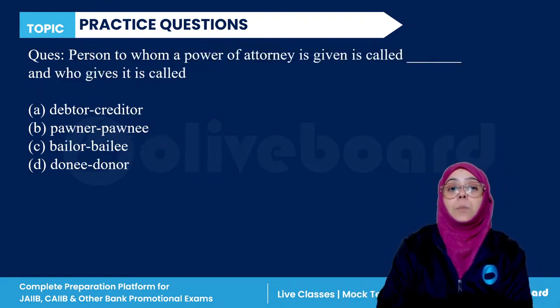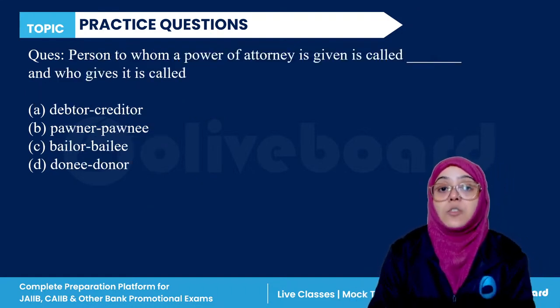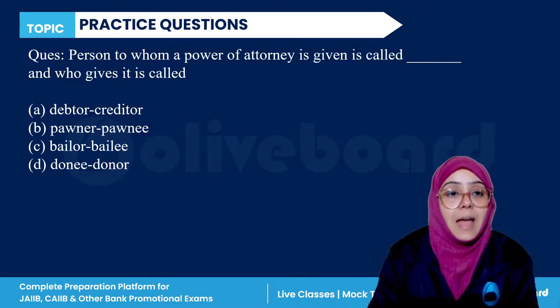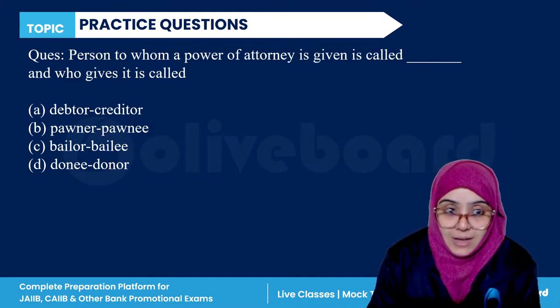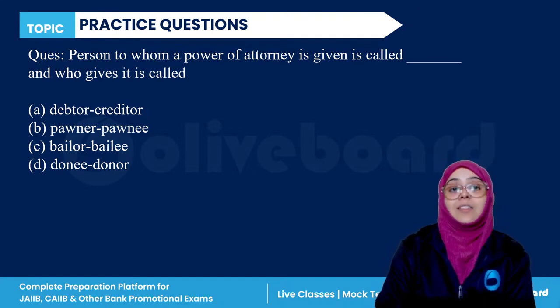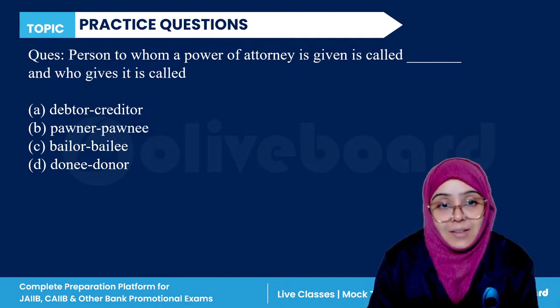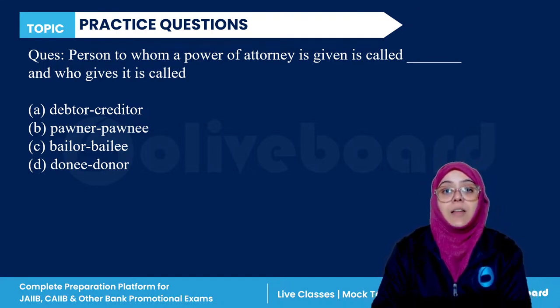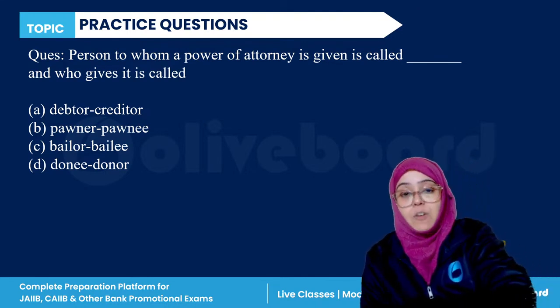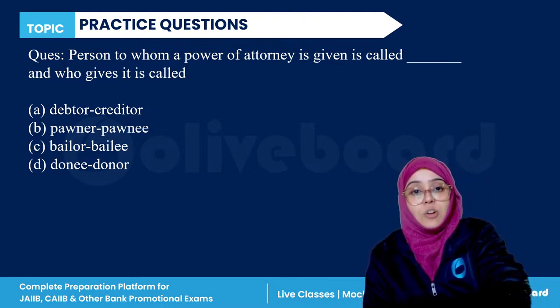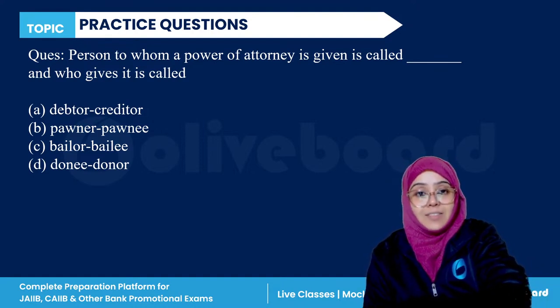Next question. The person to whom a power of attorney is given is called a dash, and the one who gives it is called a dash. Very easy.